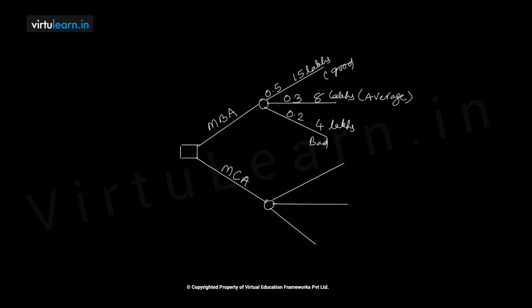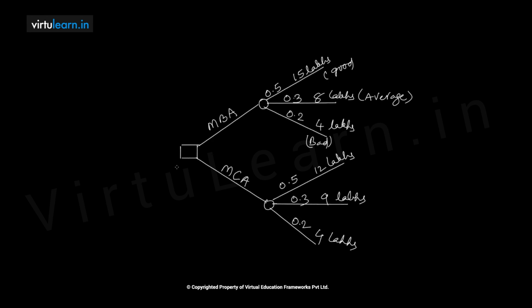Here also it is 0.5, and it is 12 lakhs. The other is 0.3 probability, 9 lakhs, and then 4 lakhs. So this is the decision tree diagram.